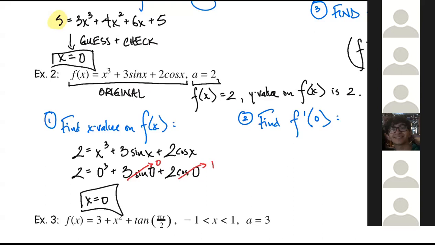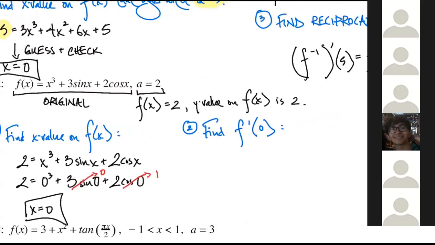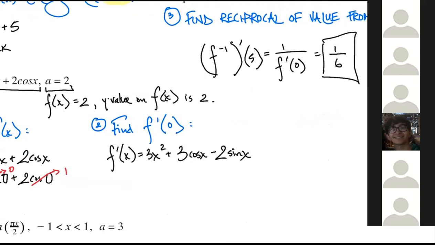So let's take that derivative, f prime of x. We got a little power rule, plus 3 cosine x minus 2 sine x. And now we're going to plug in 0. So 0 plus 3 minus 0 gives us 3.